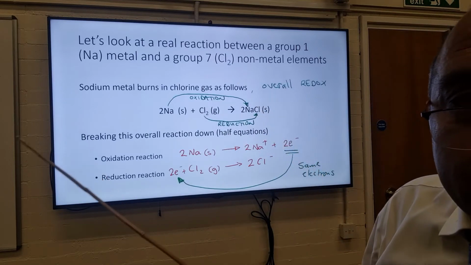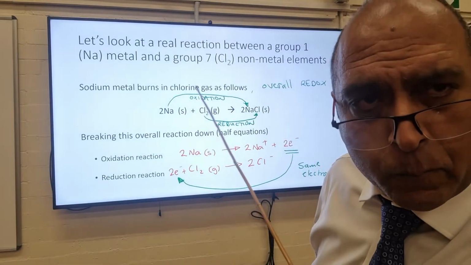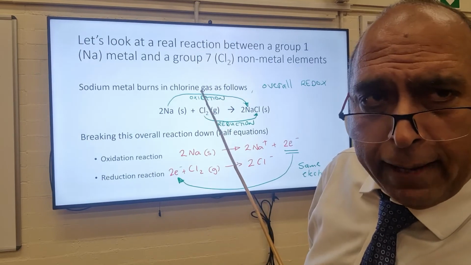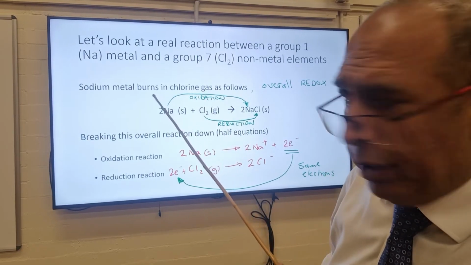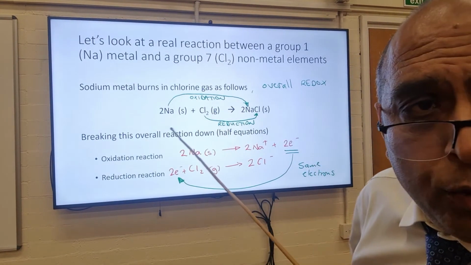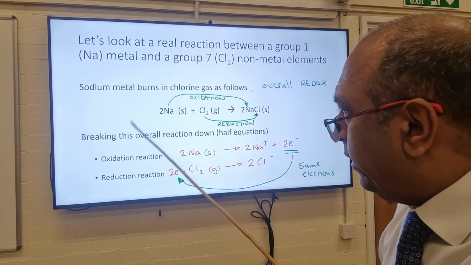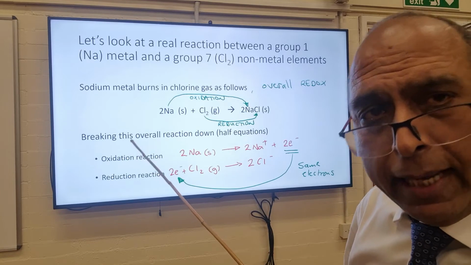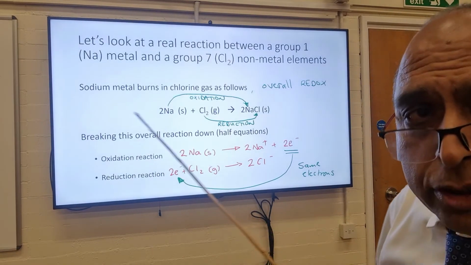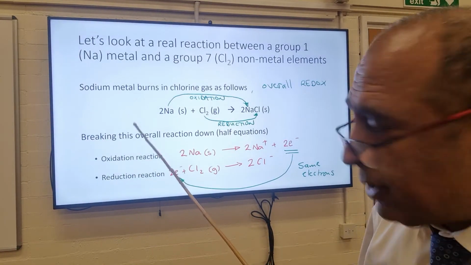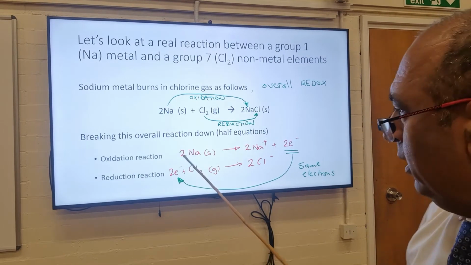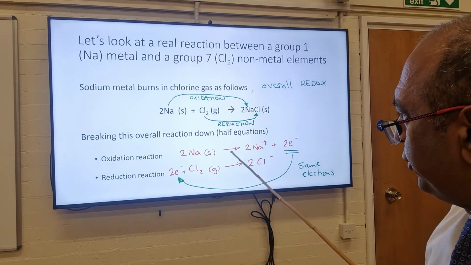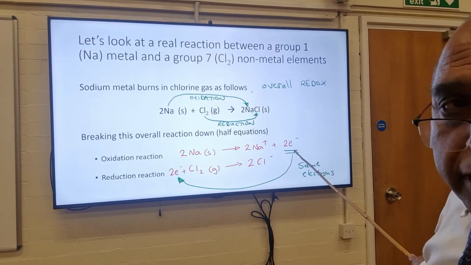Now, that's all a bit difficult to think about, but if you separate that full equation into two half equations, you'll see the oxidation and you'll see the reduction displayed in these half equations, ion-electron equations, in a very elegant way. Look, sodium turns into ions and two electrons are given out.